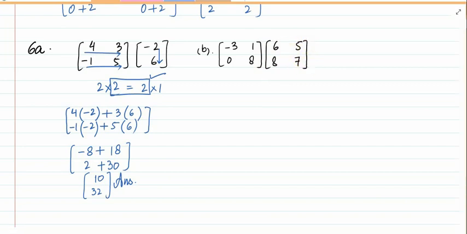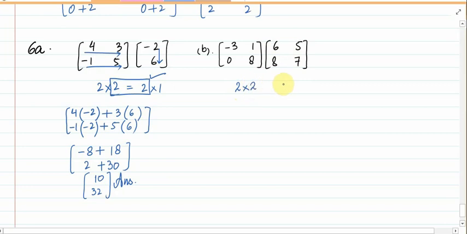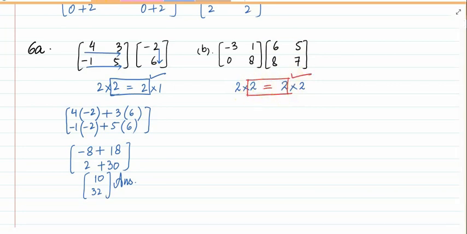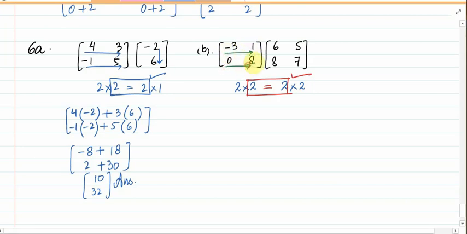Right? First step, order. On the left side, 2 by 2. On the right side, 2 by 2. Condition satisfies? Yes. Right? Now, arrow time. Left side, horizontal arrows. Right side, vertical arrows.